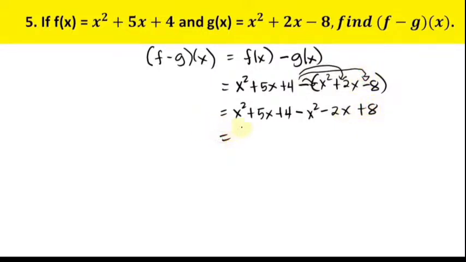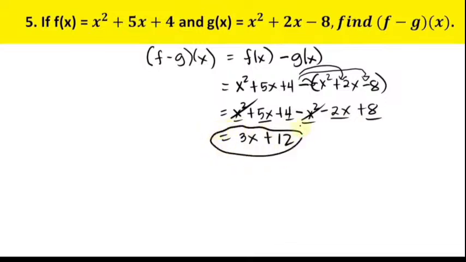Then simplify, x squared minus x squared, that is 0, eliminate na yan. 5x minus 2x, so that is 3x. Then ito magiging plus 12. Ito na. What if lagyan natin dito ang x is equals to 2 or negative 2.